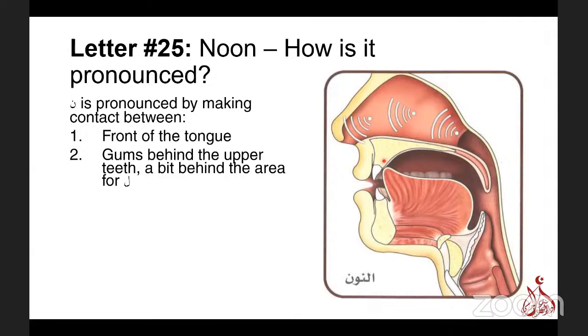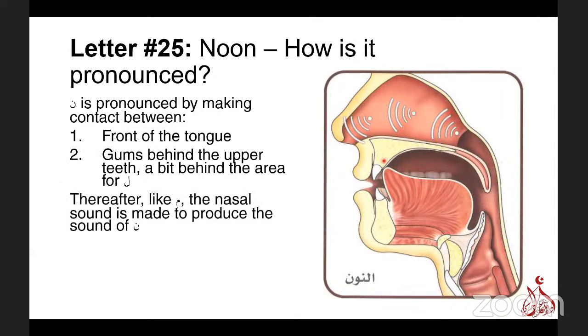Once the tongue is positioned in that area, like the letter Meem, the nasal sound is made to make the sound of the actual noon. So noon as well is another letter whose sound actually comes from the nose, and the sound does not come from the mouth. It requires the ghunna sound in order to pronounce.